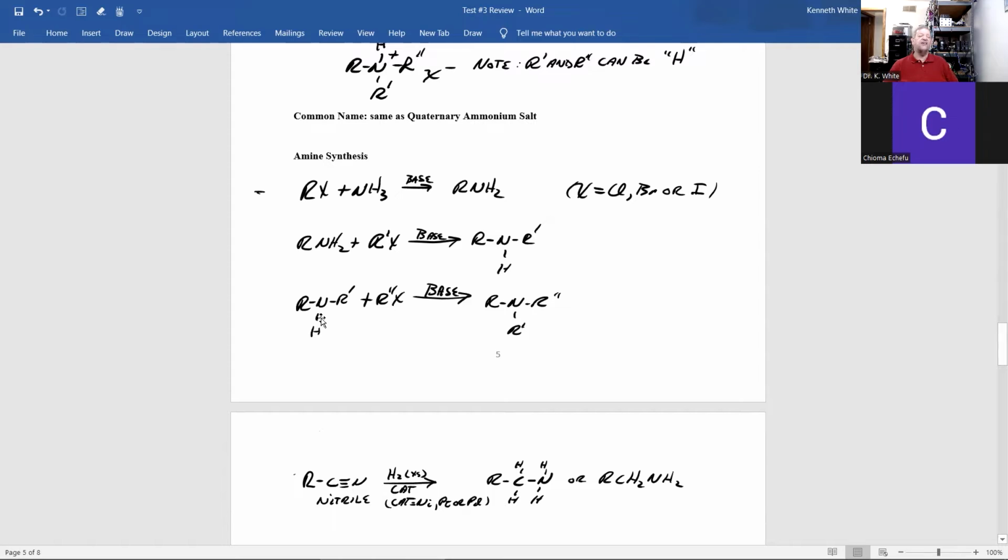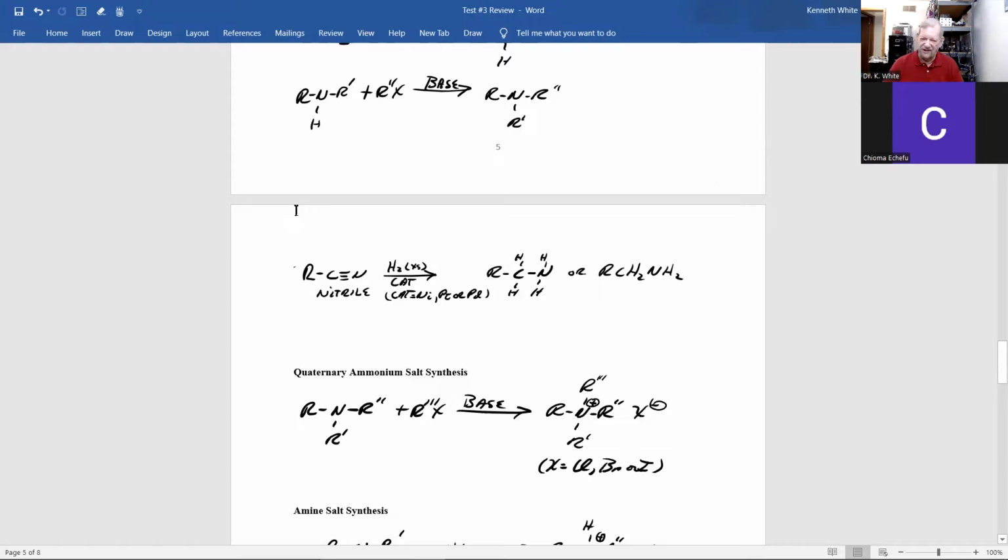And you can take a secondary amine and react with an alkyl halide in the presence of base, and you make a tertiary amine. Now, when you add an R group, the carbon bonded to the nitrogen was the carbon on the halogen.